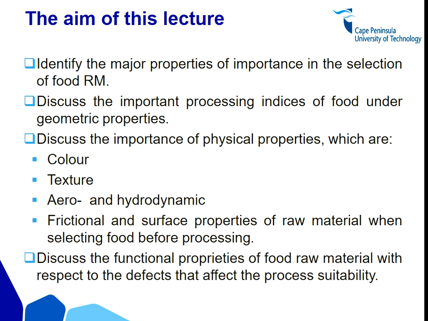In this case, we are looking at the color of the food material, the texture, the aero and hydrodynamic properties. Frictional and surface properties of the raw materials will also be taken into consideration when selecting food before processing. So it's very important that you are also able to discuss the functional properties of food raw materials with respect to the defects that affect the process suitability.